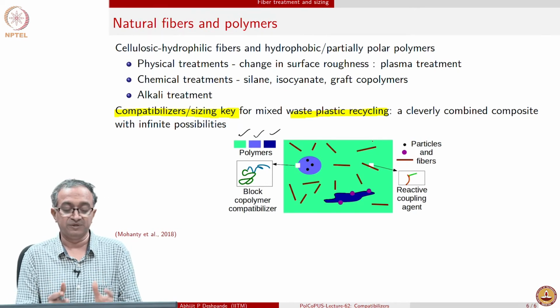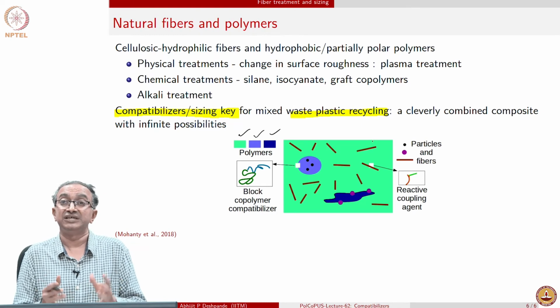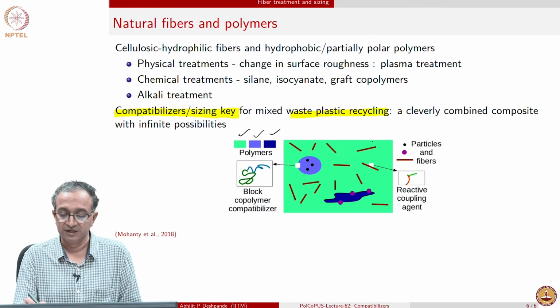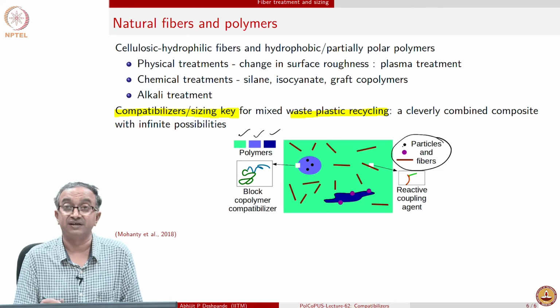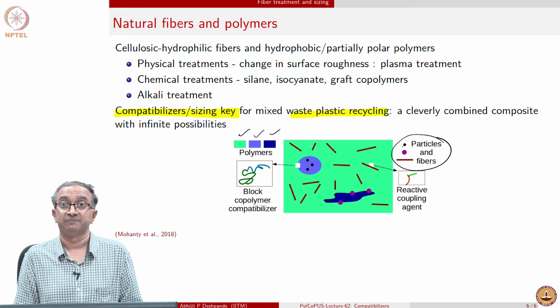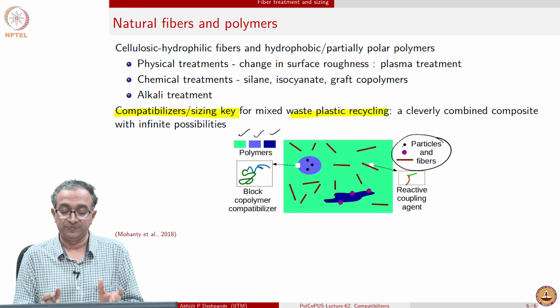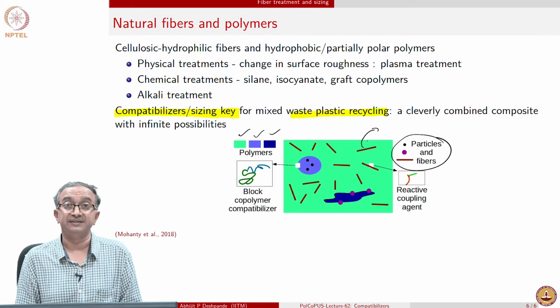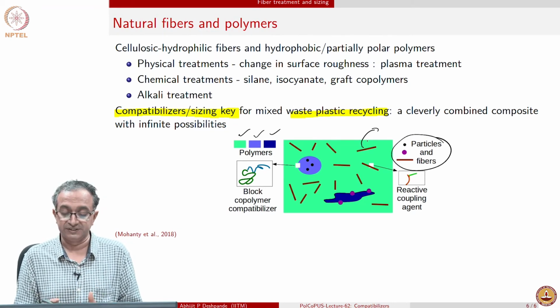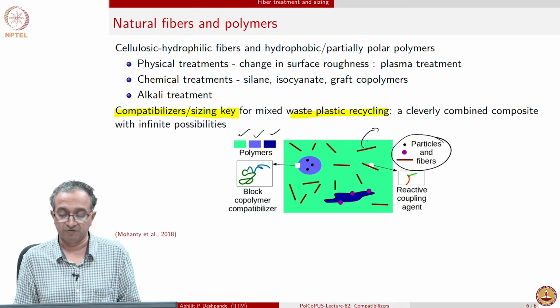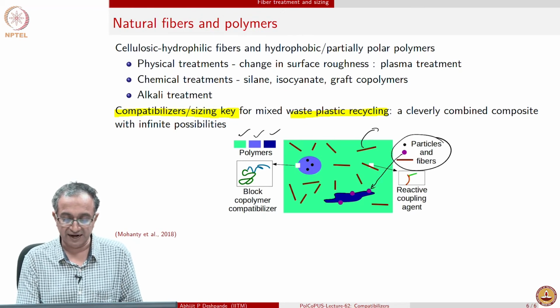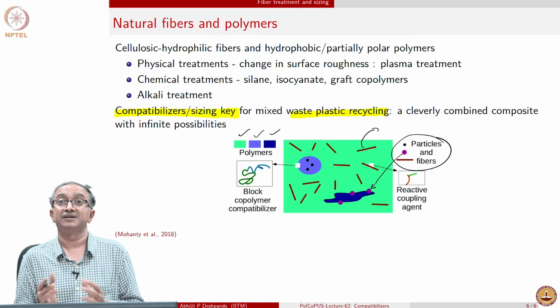Now, the polymers by themselves, which are mixed with each other, may not give us the correct performance. So, we may want to add some particles and fibers to enhance the properties. In this case, for example, fibers are being added to improve the mechanical performance, but the particles are being added to improve compatibility between different polymeric systems.